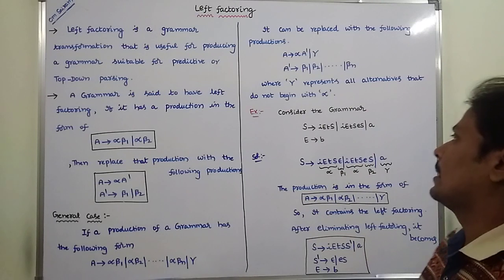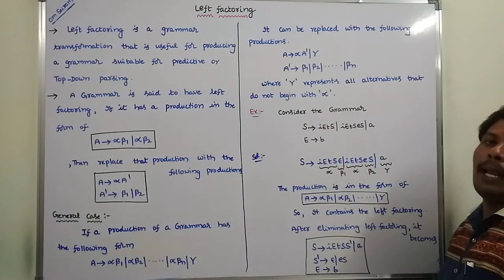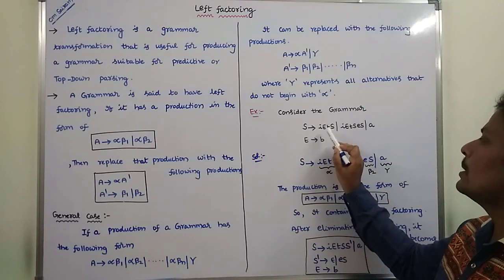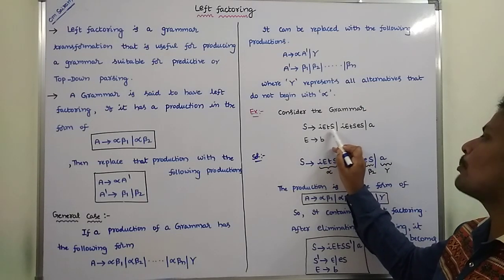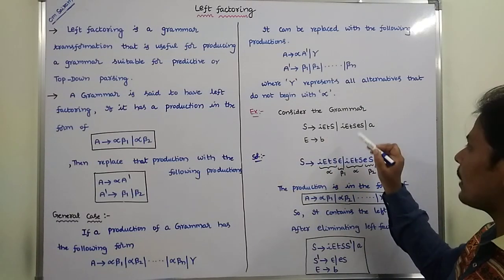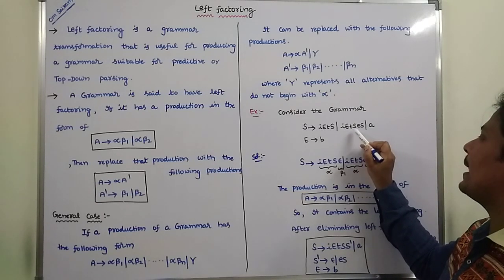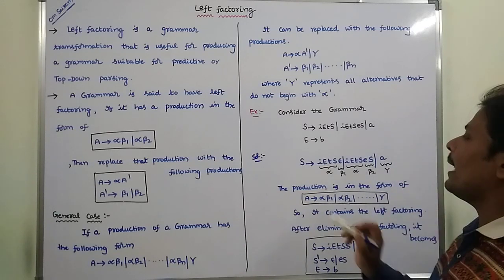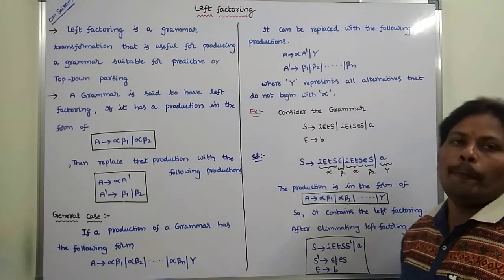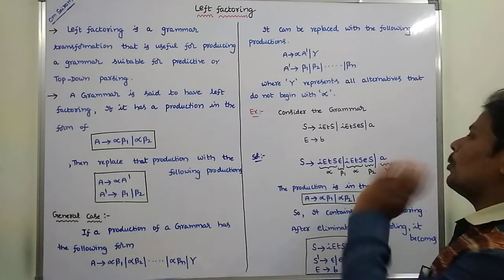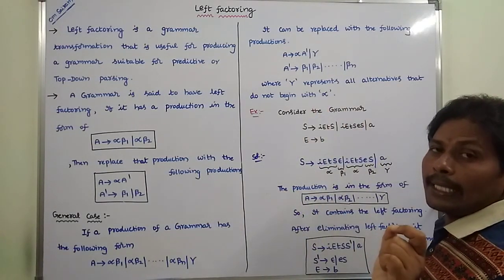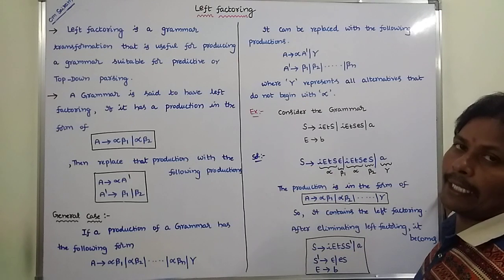Next we go for an example. Consider the given grammar: S tends to small i capital E small t capital S, or small i capital E small t capital S small e capital S, or A, and E tends to B. Now when can we say that this grammar has left factoring?